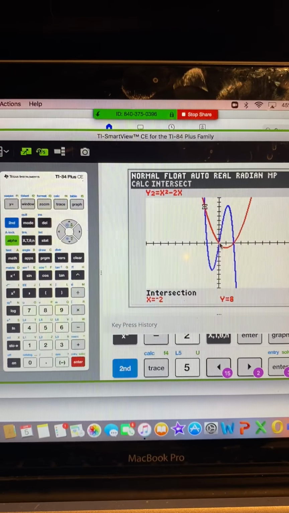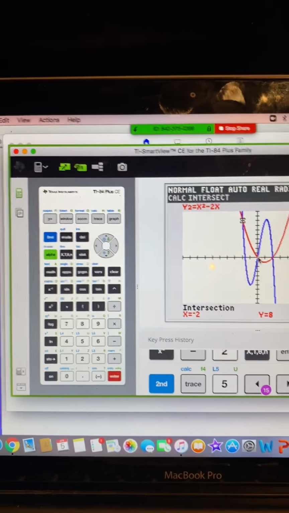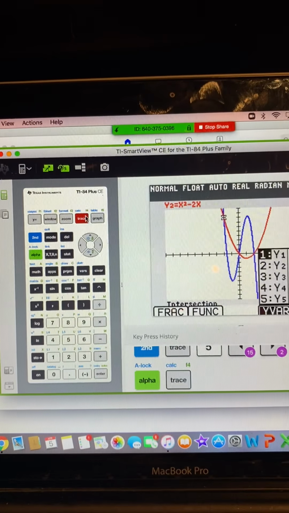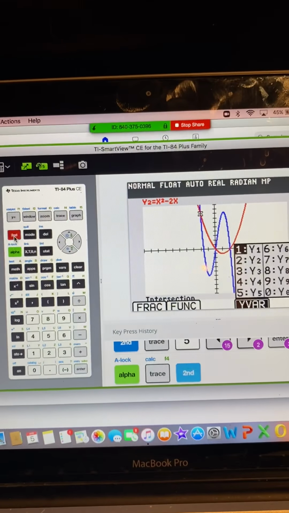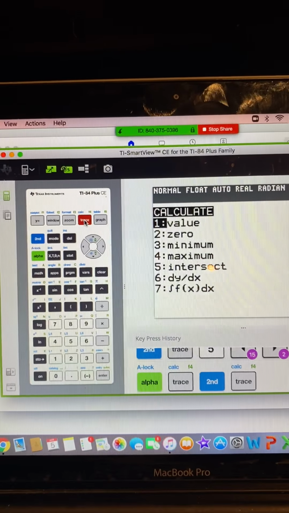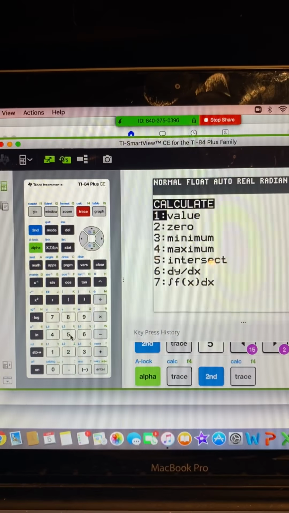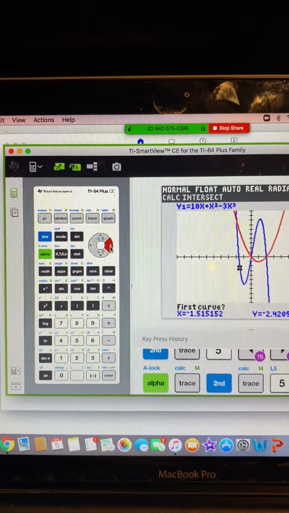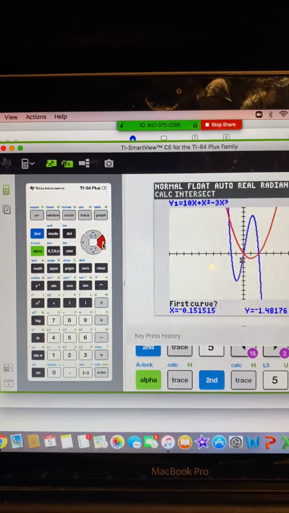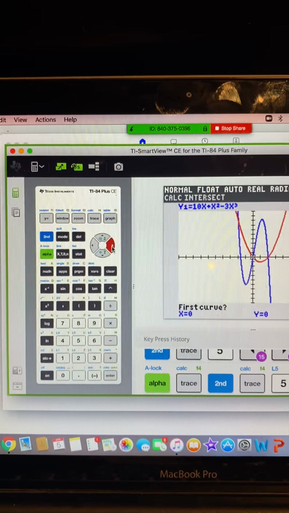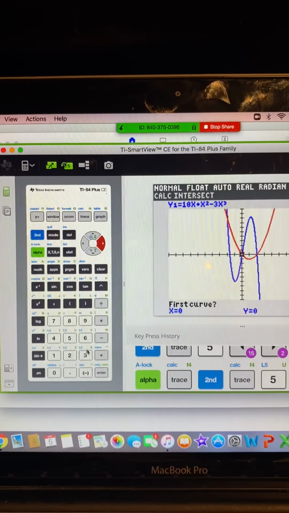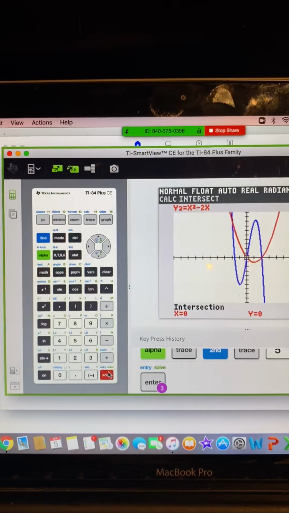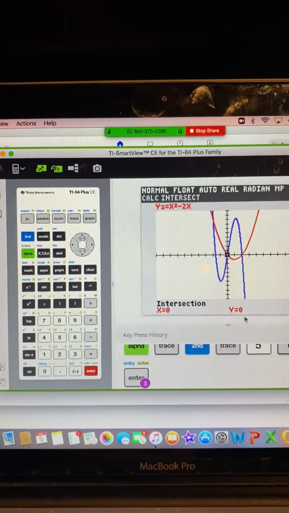Let's find the second point of intersection, which we're assuming is going to be 0. Second, calc, intersection, which is number 5. Go over to the point of intersection, or as close as you can get to it, and hit enter. Second one's there too, enter. And it's 0, 0.